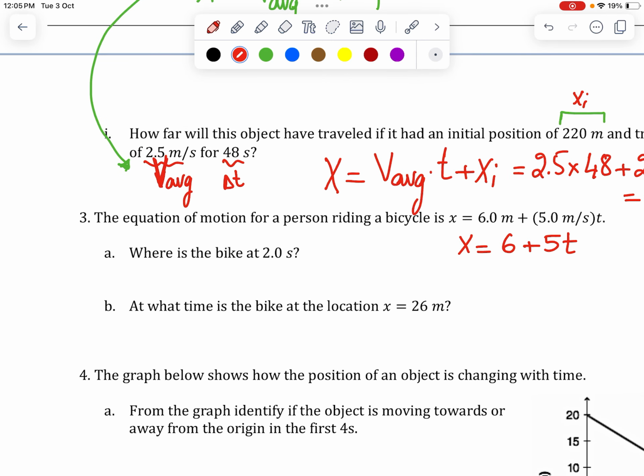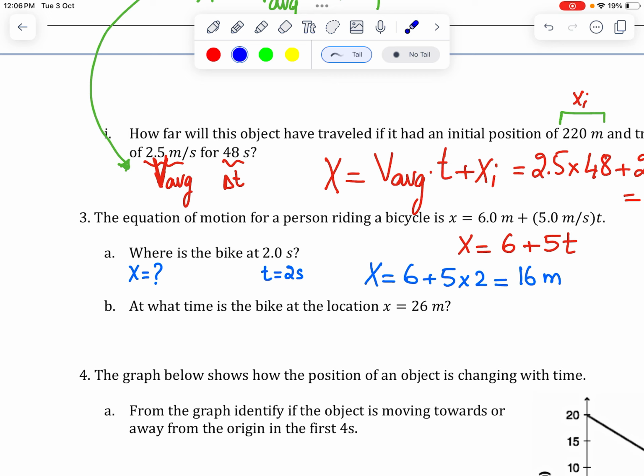Where is the bike at 2 seconds? Where means let us find x given the time equals 2. So simply replace everything by its value. X equals 6 plus 5 times 2, which will give me 16 meters.